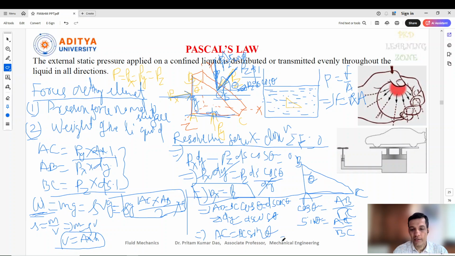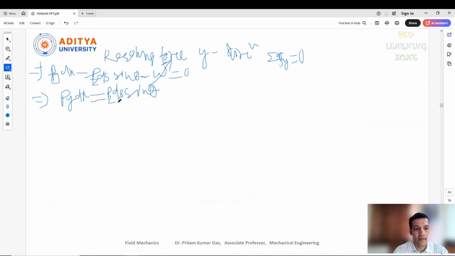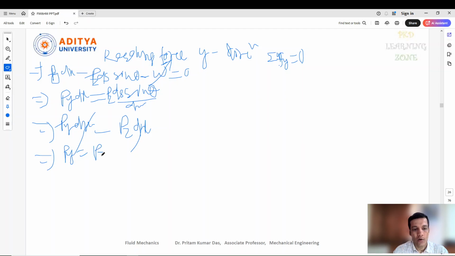So dx equal to, BC equal to what? Ds. So ds sin theta, in place of this I can keep dx. So what will we get here? Py dx equal to Pz dx. Dx will be cancelled. So what will we get here? Py equal to Pz. This is one more equation.